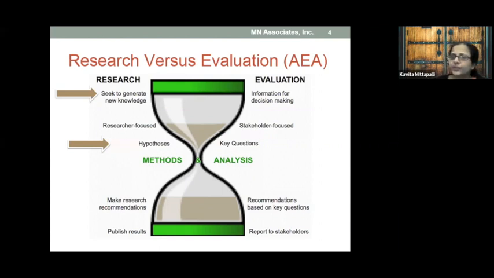So you are generating new kind of information, new kind of findings, because the context has changed from one location to the other. But that can also apply to evaluation. But remember, the methods and analysis are pretty much the same. It's who are you kind of reporting to, and what are your research and evaluation questions is where the difference lies.